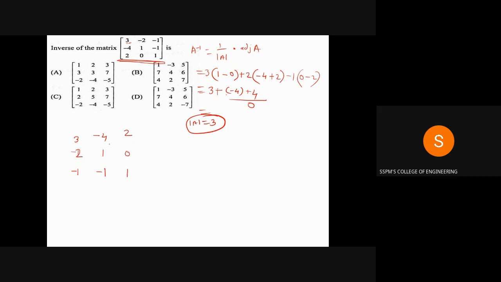So just repeat the first two columns at the right hand side: 3, minus 2, minus 1, and minus 4, 1, minus 1. And repeat these two rows at the bottom: 3, minus 4, 2, 3, minus 4.